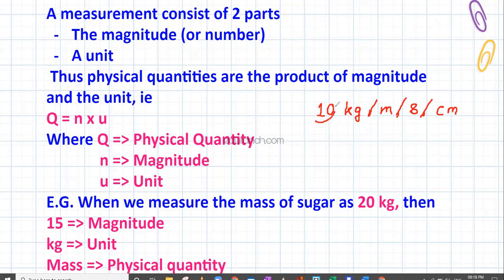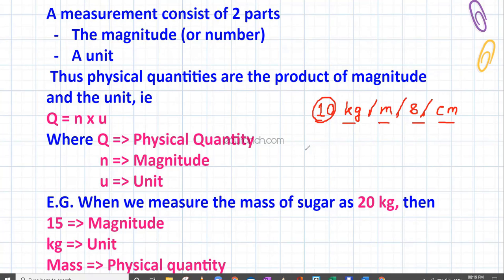Okay, so this part is called magnitude and this part is called unit. So any measurement consists of two parts. First part is the magnitude, which is the number, and second part is the unit, which can be anything: gram, kilogram, meter, centimeter, second, anything.